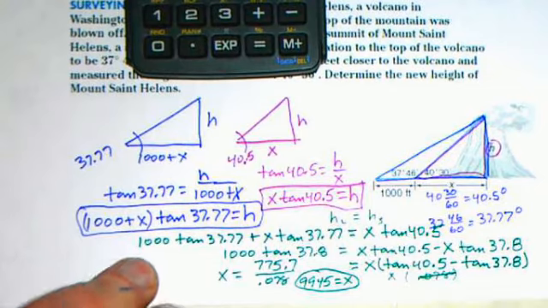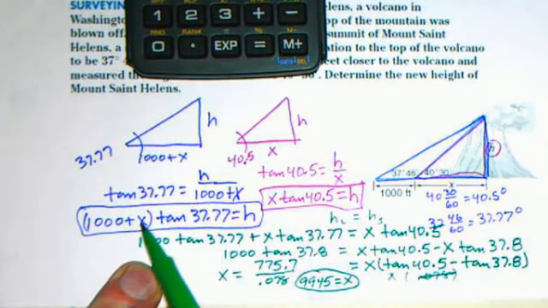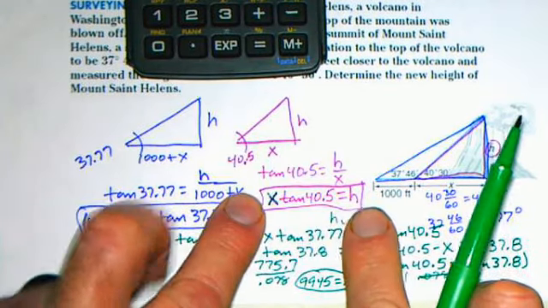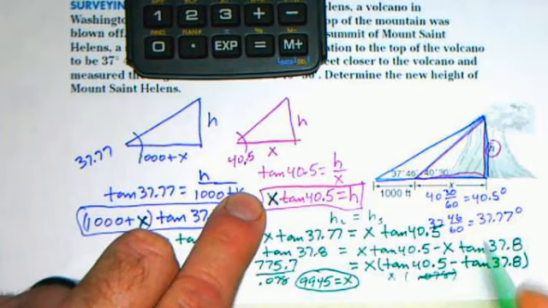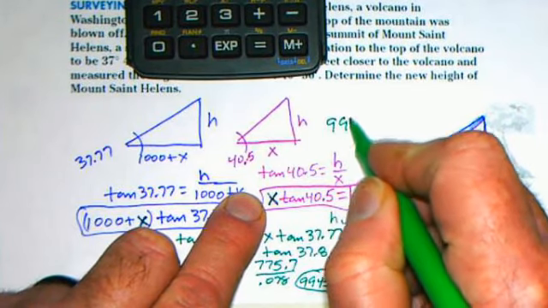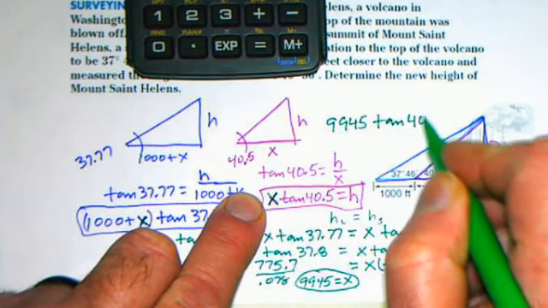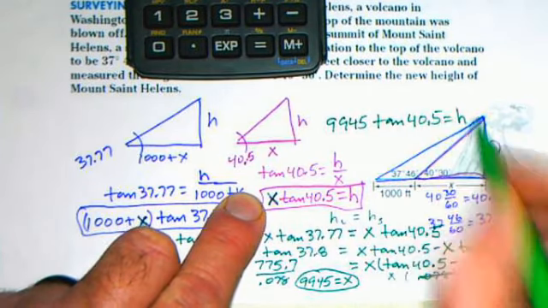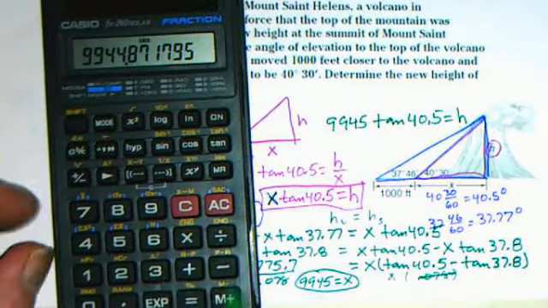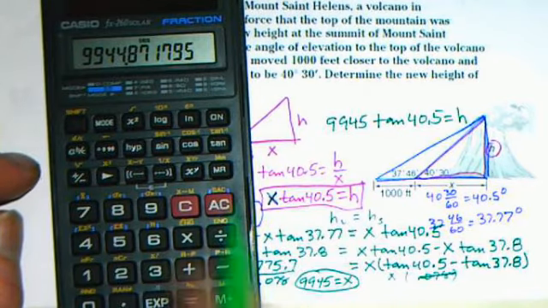So if we go back to our original equations, we could plug x in here, or we could plug x in here. This would be the simplest one to plug x into. So I'm going to calculate 9945 times the tangent of 40.5, and that will give me the height that we're looking for.